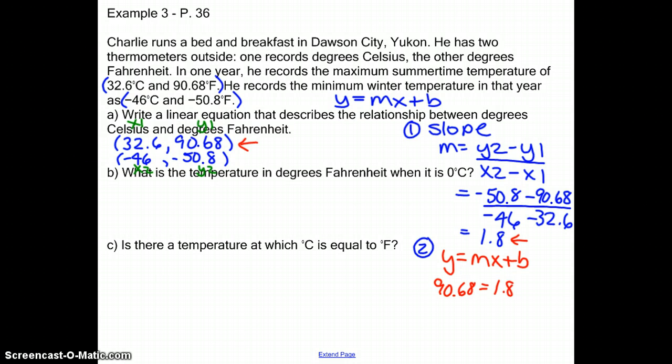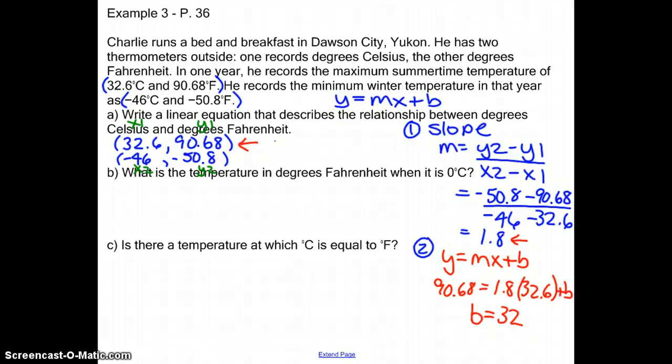Our slope is 1.8. And our x value is 32.6 plus b. Now we're just going to isolate for b. So start with multiplication, move it to the other side, and you'll get b by itself. And you'll find that b should equal 32. So that is your second step.